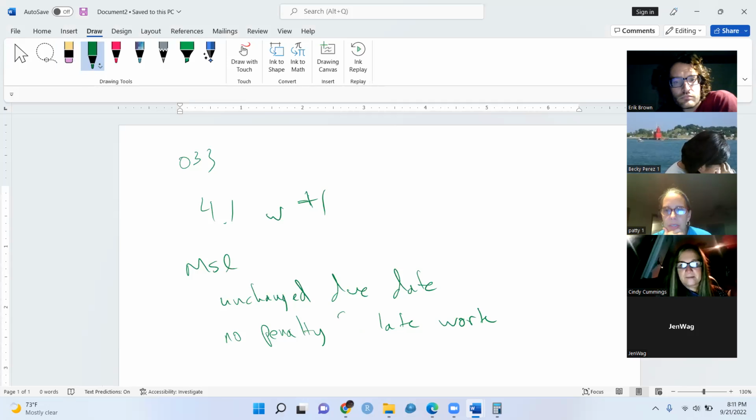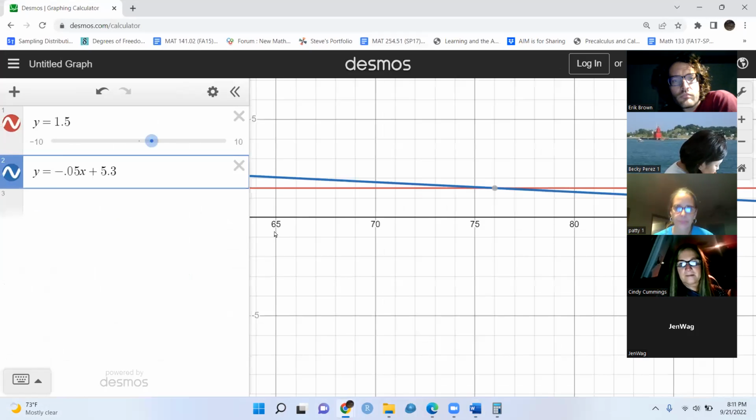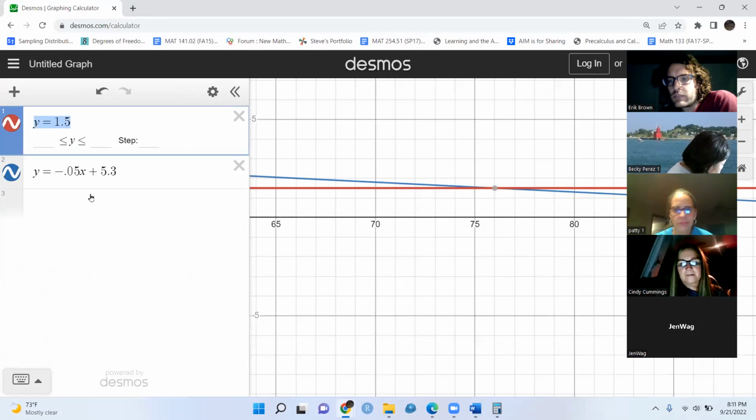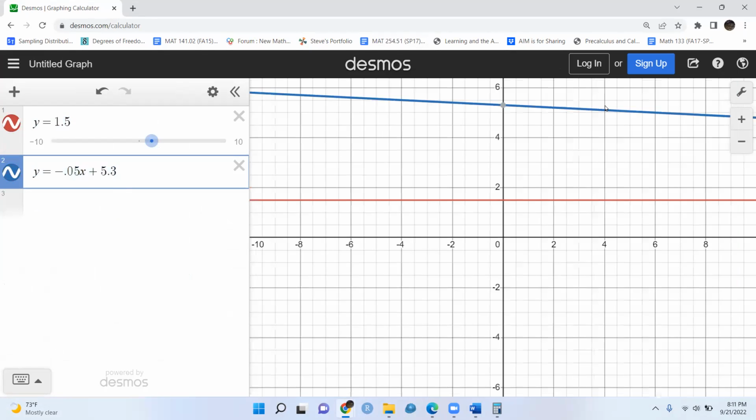Eric, can you show me the Desmos? Because I'm doing it on mine and I don't know what I'm doing wrong. So I did y equals the data value and y equals the regression model. Then you have to scroll around to find where they cross.